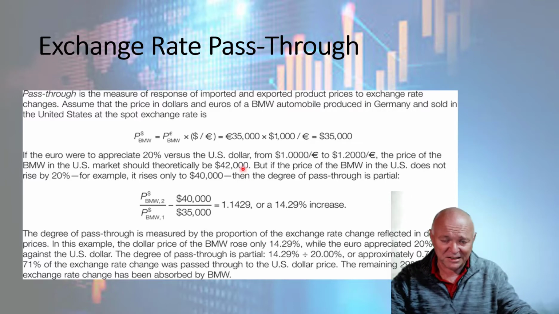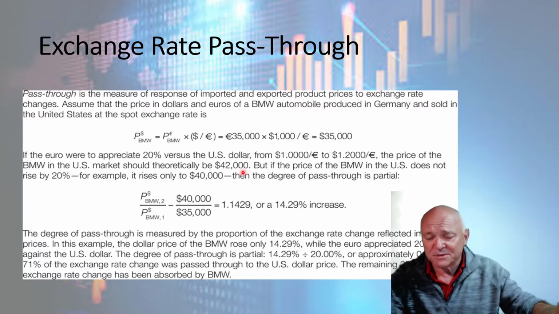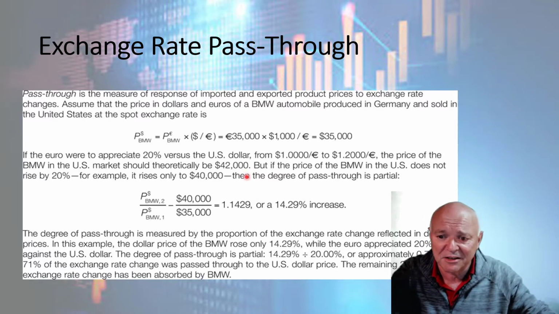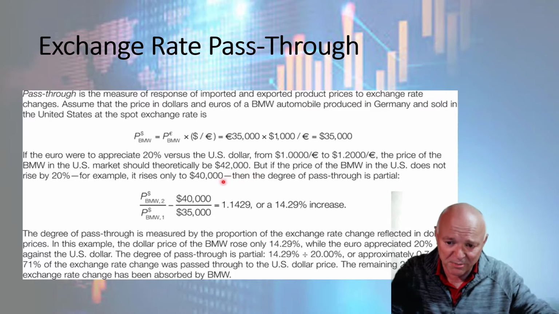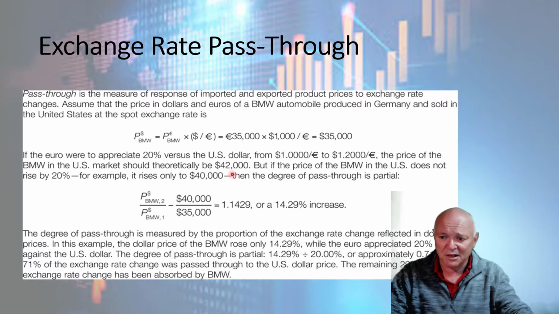If you were thinking of buying that car, you saw a $7,000 increase in 1 year for the same car, you wouldn't be very enthusiastic about it. You might look for other alternatives. Perhaps it would be a good time to look at maybe the Japanese car or an American car as an alternative.